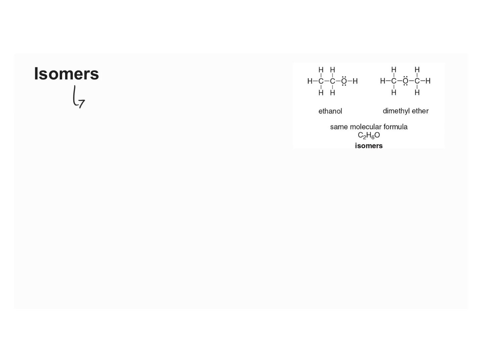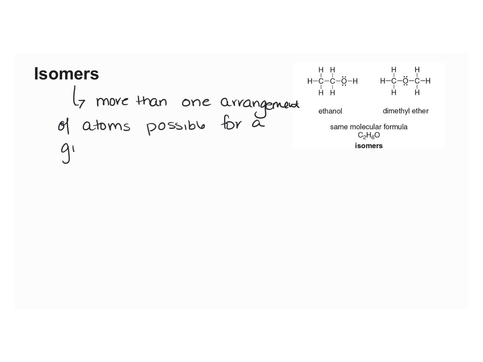So isomers occur when there's more than one arrangement of atoms possible for a given molecular formula.